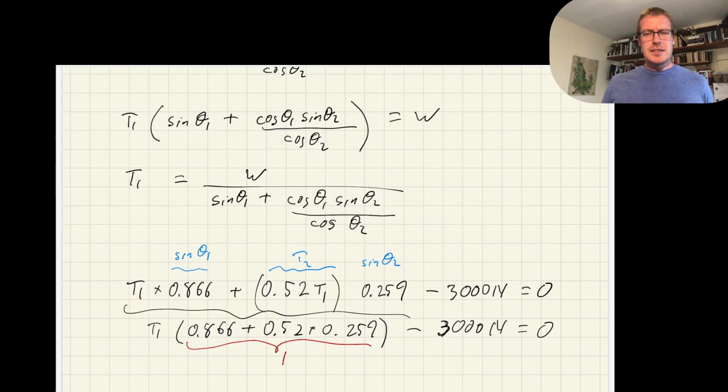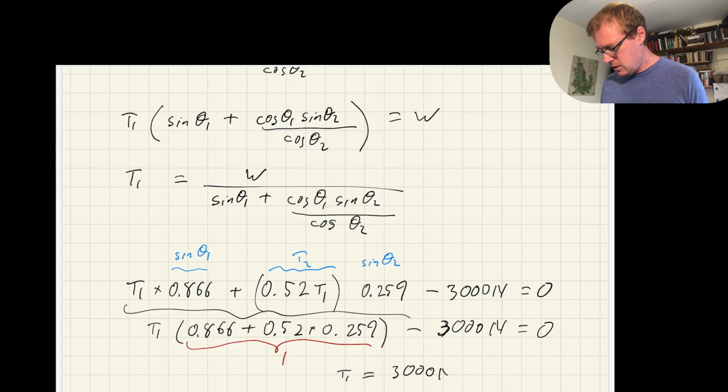All right. That's because the numbers were chosen to be nice. Generically, if I chose 25 degrees instead of 15 degrees, this would be like 1.1 or something like that. So there's no magic that's making this one. It's just you given nice numbers here. And so in the end we get T1 equals 3,000 newtons.